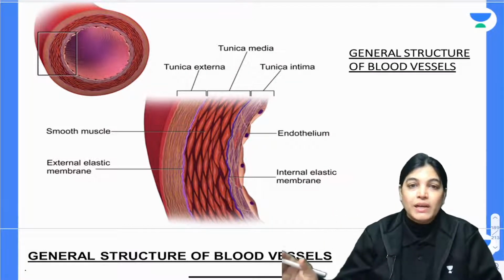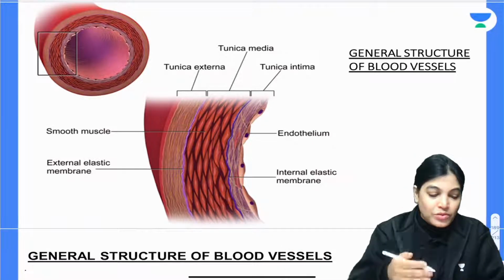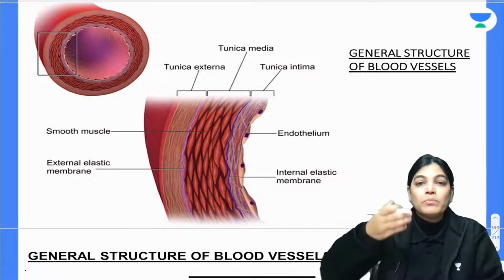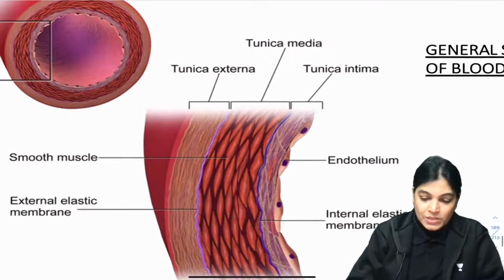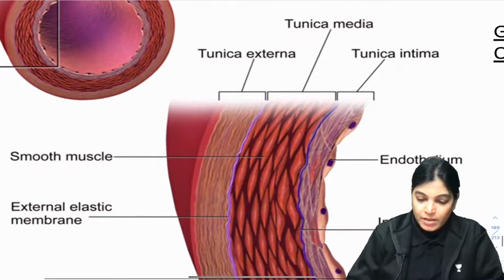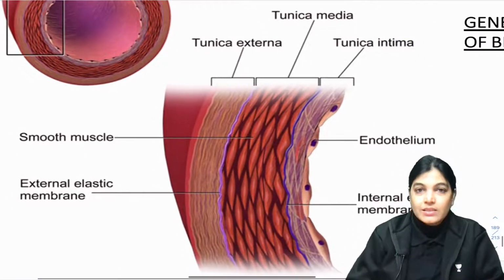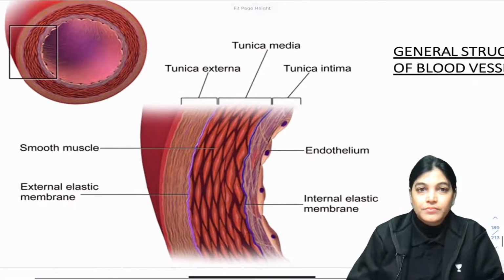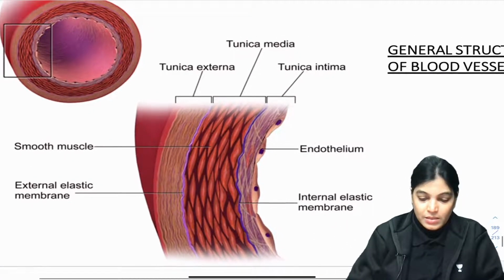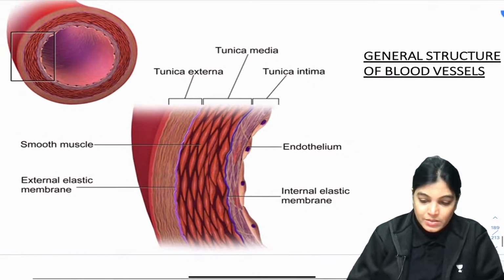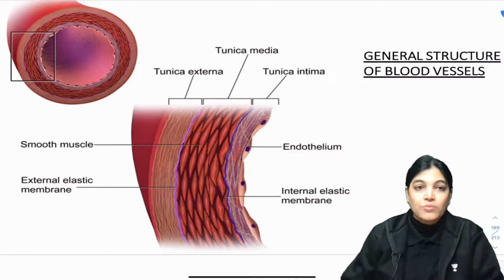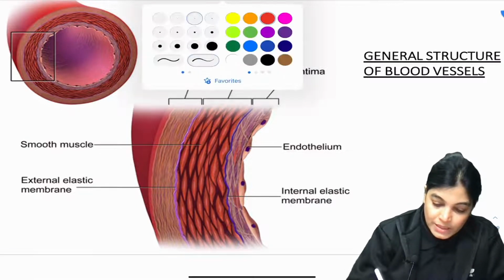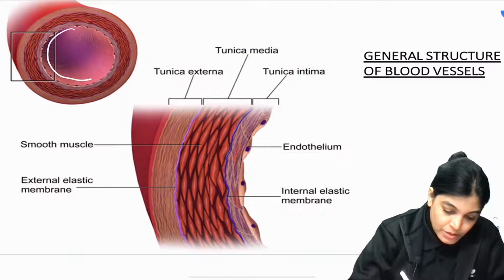If we talk about the general features of blood vessel, we have got 3 layers as we move from inside to outside. Okay, so let me just enlarge this diagram. See here. So if I am enlarging this diagram, what you can see, this is the lumen.